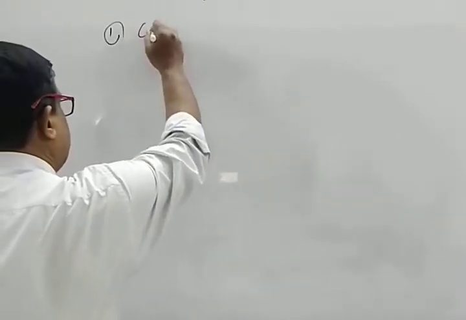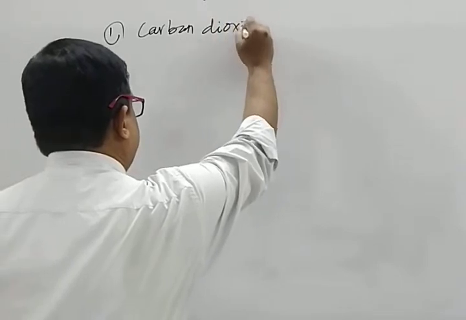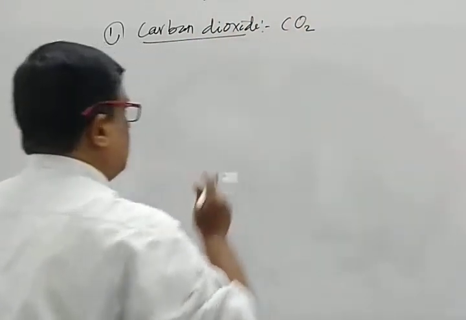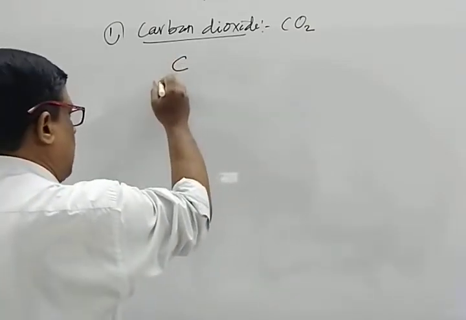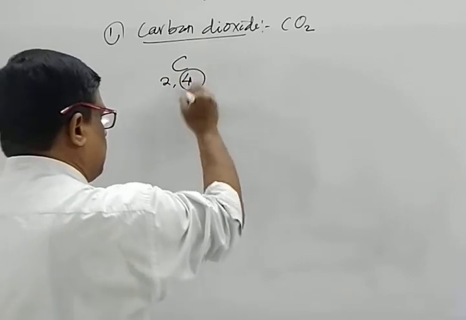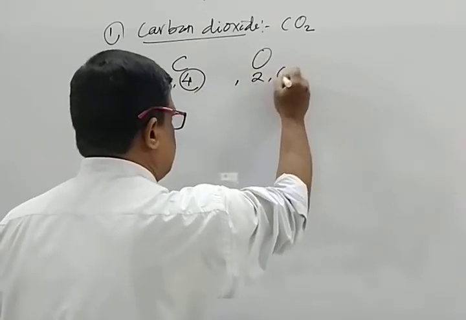First one is carbon dioxide, CO2. Mark that here carbon, atomic number 6, is 2, 4. That means the valence electron count is 4. And oxygen, atomic number 8, is 2, 6.